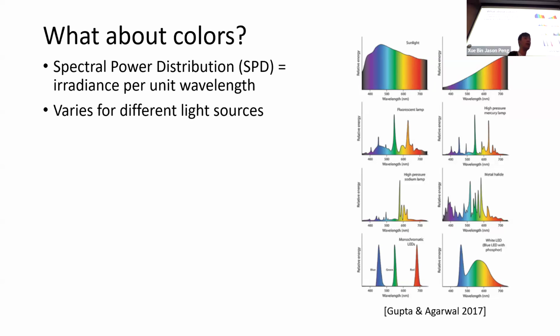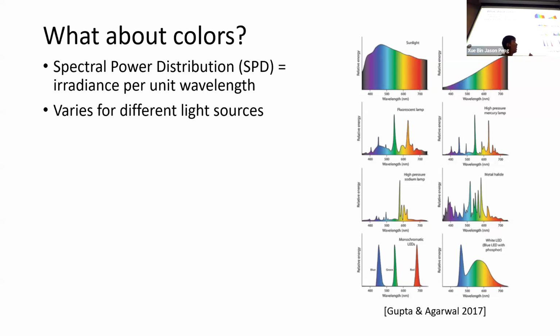So on the top left, we have the spectral power distribution for natural sunlight. And from the sun, what we generally observe is a fairly uniform distribution of light. So we get light being emitted at a wide range of different wavelengths. So this represents relatively neutral white light.